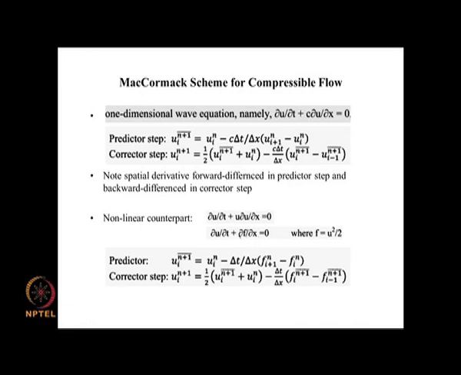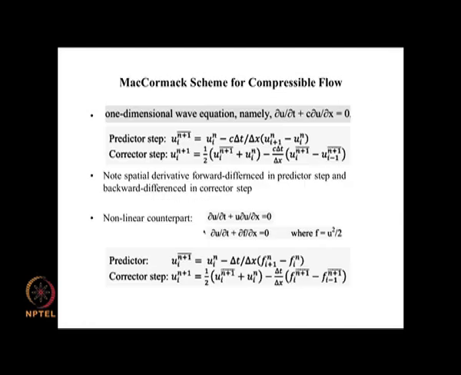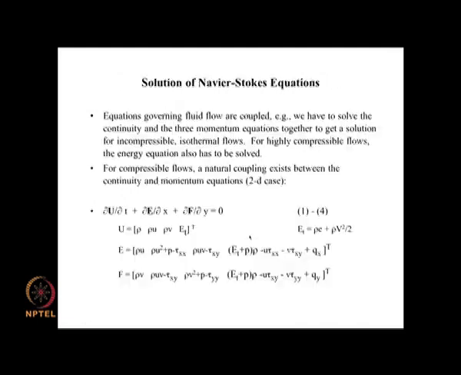So, it is written as dou f by dou x where f is equal to u square by 2. Once you substitute this, then this comes out. These are mathematically equivalent, but this is the form that we are dealing with here. We are anticipating having to use that form for the set of coupled equations.